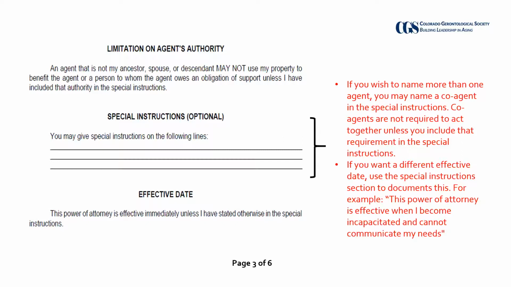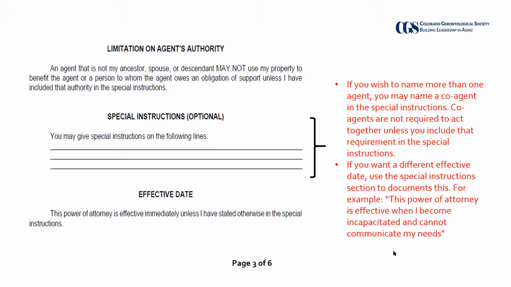So make sure that if you do want co-agents, that you are specific, and once again, make sure it's legible, make sure it's understandable, because sometimes we write things in a way that completely makes sense to us, but that might not make sense to someone else if they're looking at this without knowing you and what you might have meant.